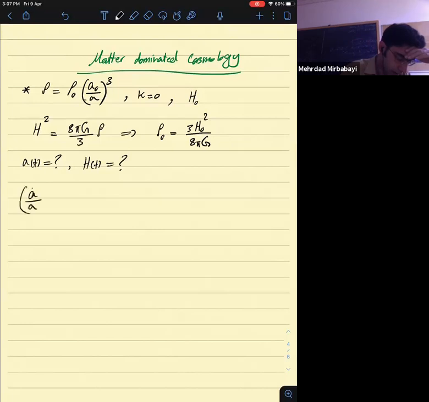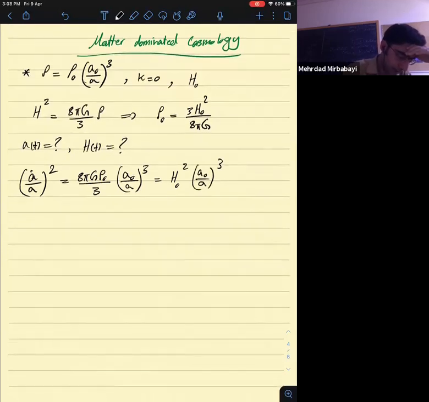So H squared, which is a dot over a squared, is equal to 8 pi G rho naught over 3 times a naught over a cubed, which is nothing but H naught squared times a naught over a cubed.